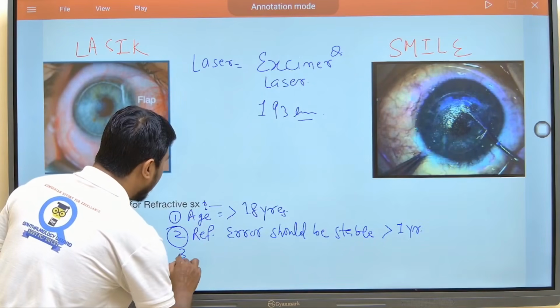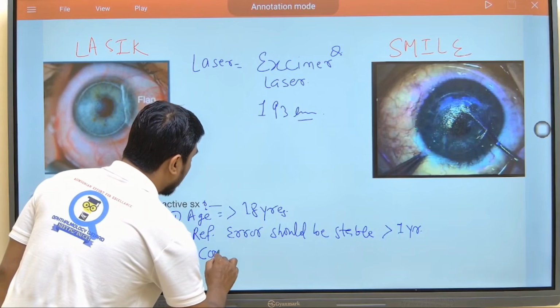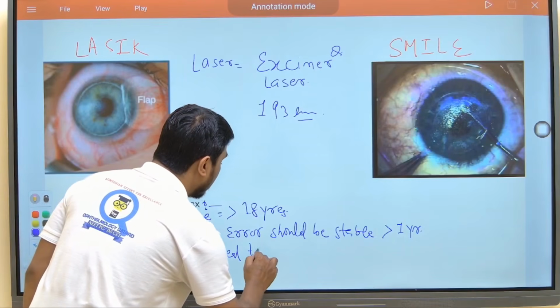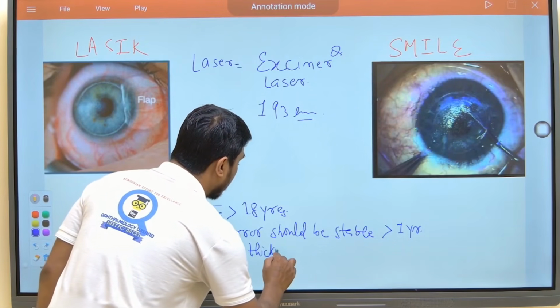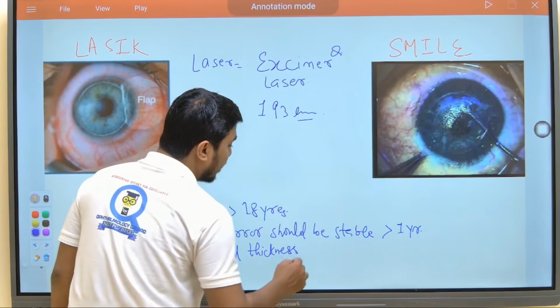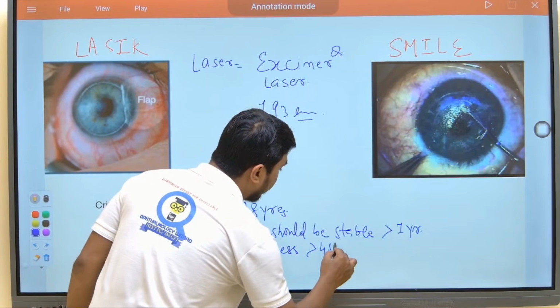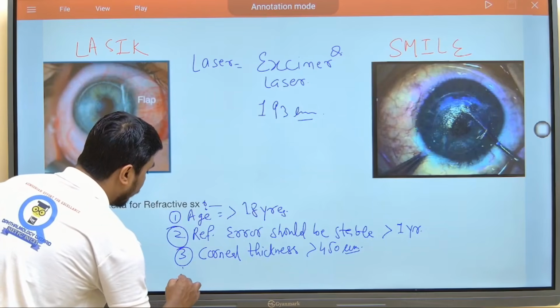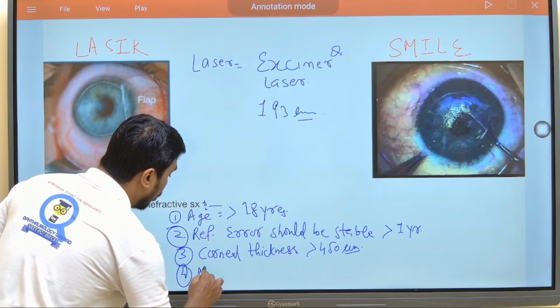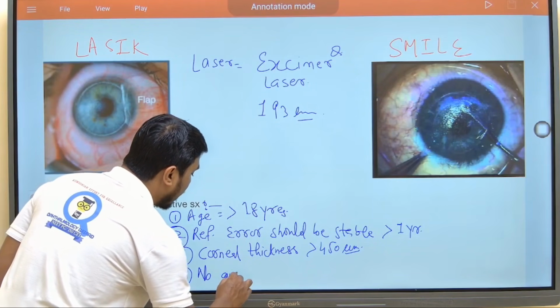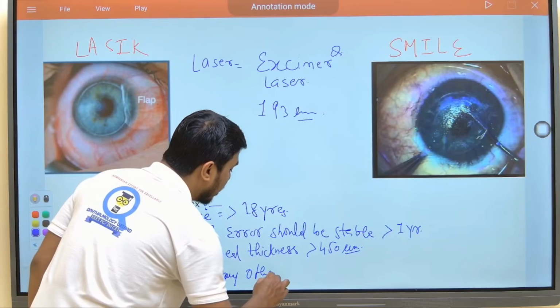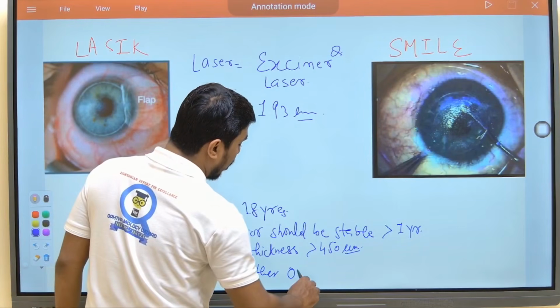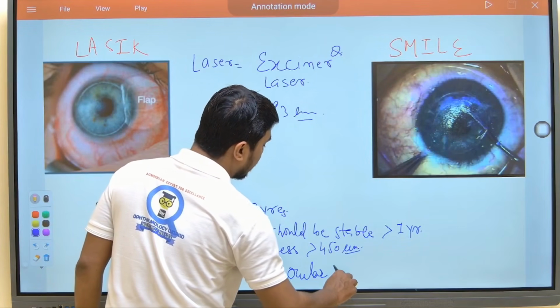The third criterion will be corneal thickness, that should be more than 450 micron. And the fourth criterion will be no other ocular pathology.